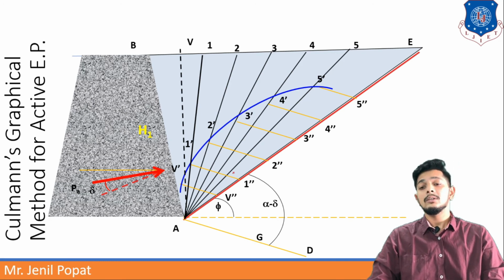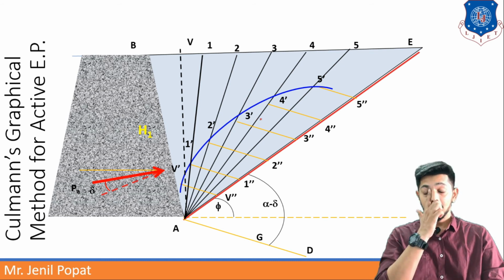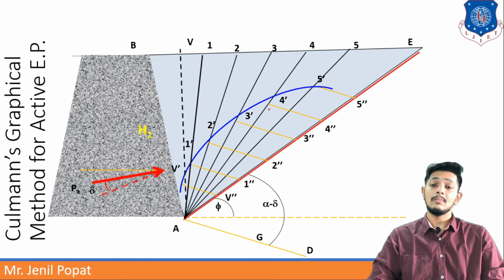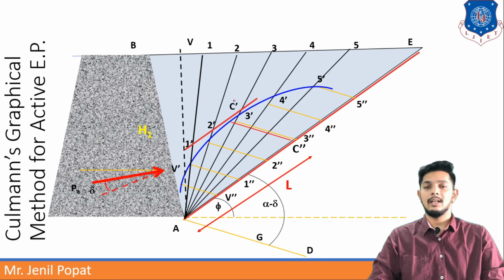We can give these lines names like 1 dash, 1 double dash, 2 dash, 2 double dash, 3 dash, 3 double dash. So the name can be anything. Now, this blue curve is known as Coulmann's curve or Coulmann's graph. Now, the tangent to that will be very crucial. This tangent red line will be drawn here, a C dash C double dash line.